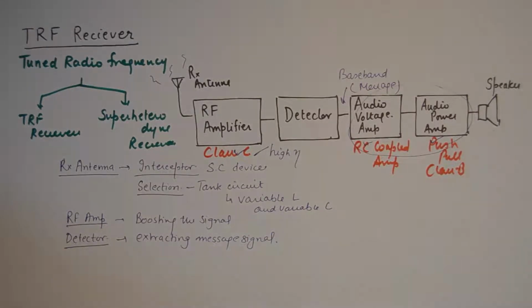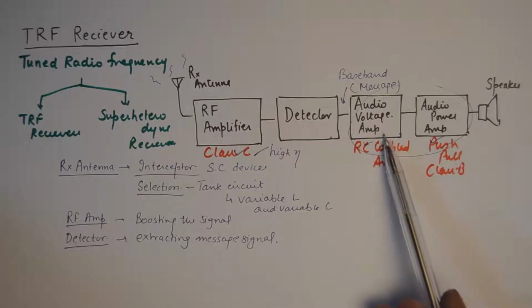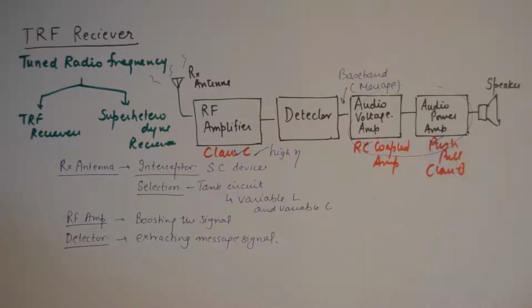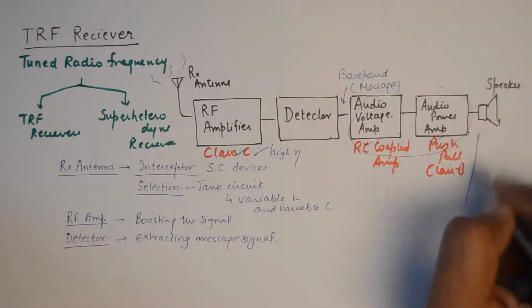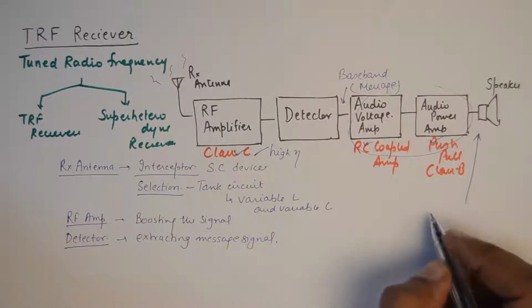Both stages of amplifier make a combined effort of boosting the baseband signal so that it can be fed to a speaker. The voltage amplifier in the first stage is the RC coupled amplifier, and the audio power amplifier is the push-pull class B amplifier. They make sure that the message signal has sufficient voltage and power to drive the speaker, and the last stage is the speaker, which does the job of reproduction.